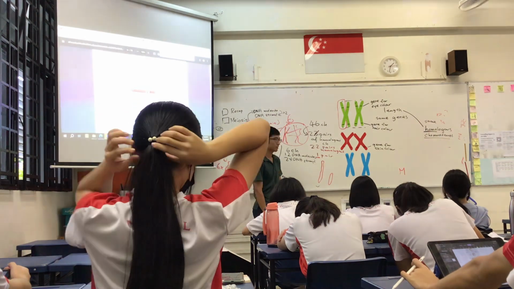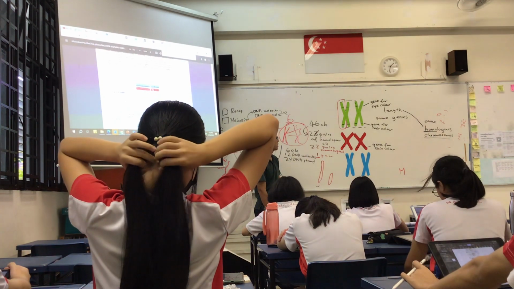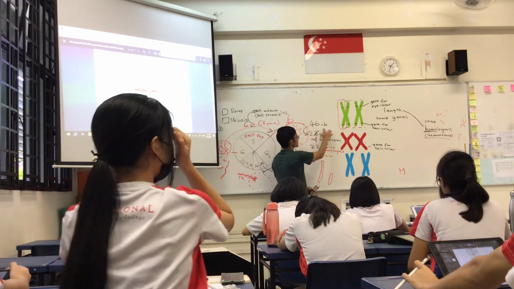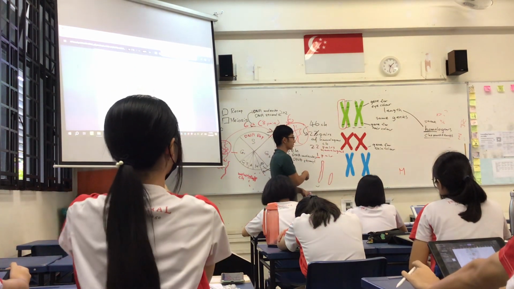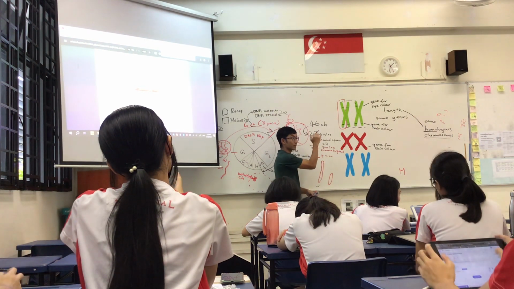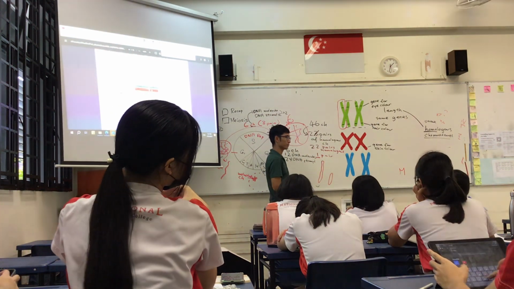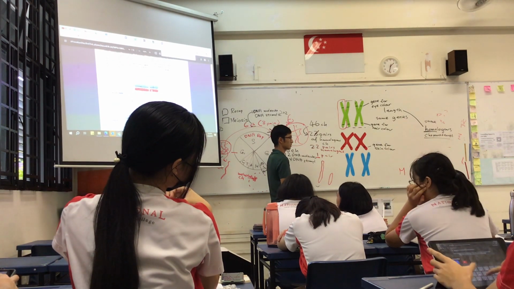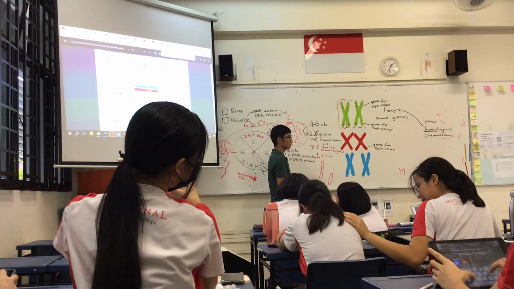Isabel? Oh, 46 is the number of chromosomes we have. We have 23 pairs. Each one of these pairs is just one type of chromosome. Correct.